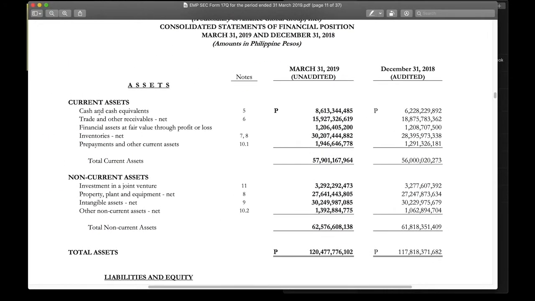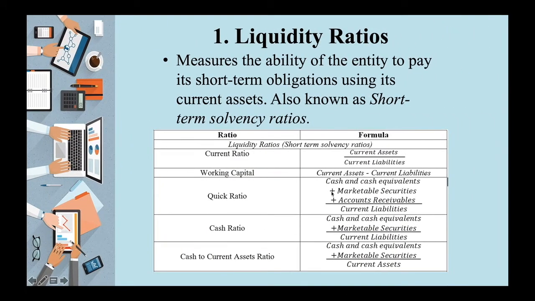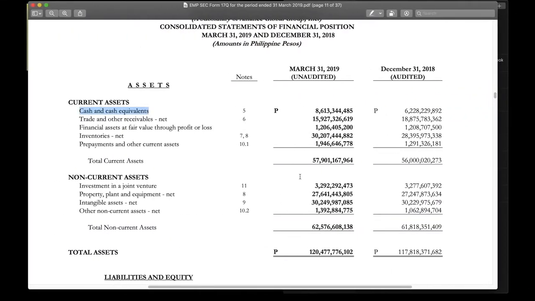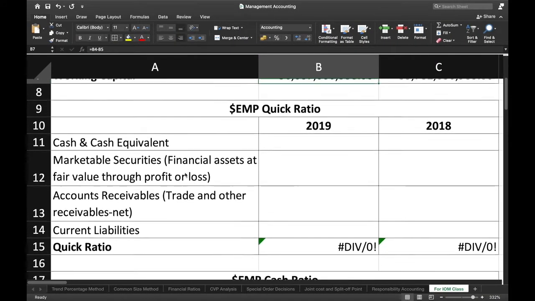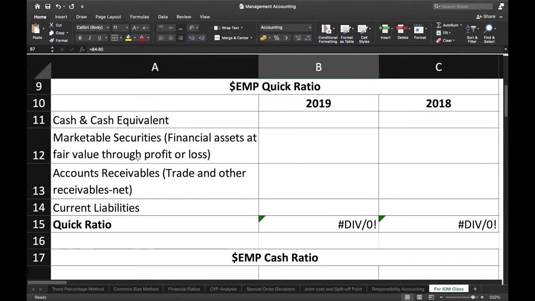Let's check. Cash and cash equivalents. Okay, meron tayo. Marketable securities. Nasaan yun? Marketable securities, actually, this is also the financial assets at fair value through profit or loss. That's why it is called marketable.